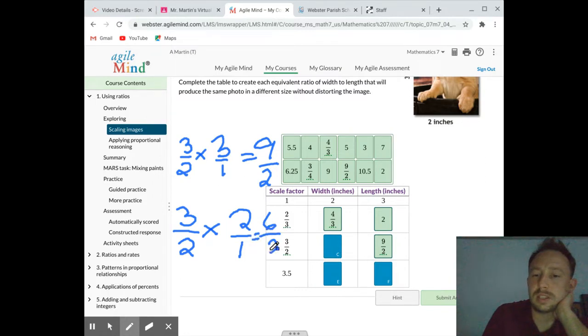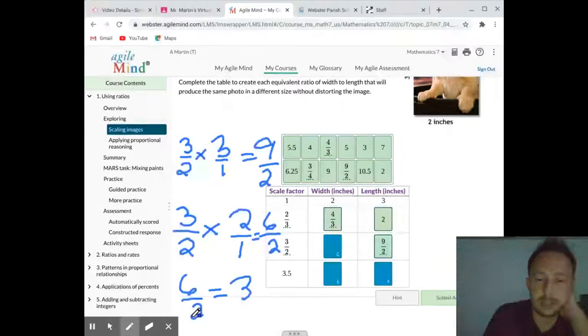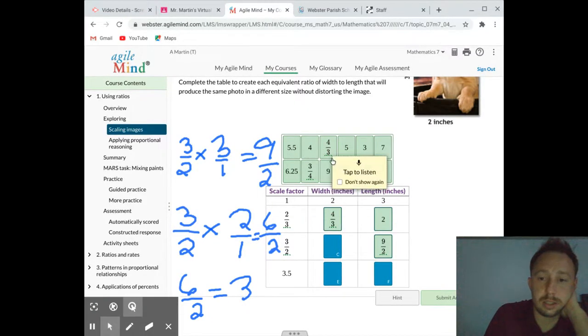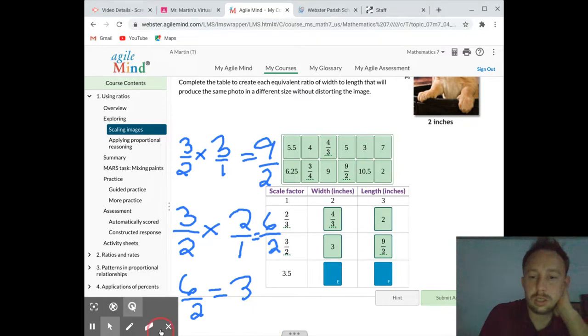And so this is 6 divided by 2, or 6 halves. How many wholes would that make? 3. Good. Is that the answer there? Yep. So we're going to put it there for C. Does anybody have a question about how we did those?